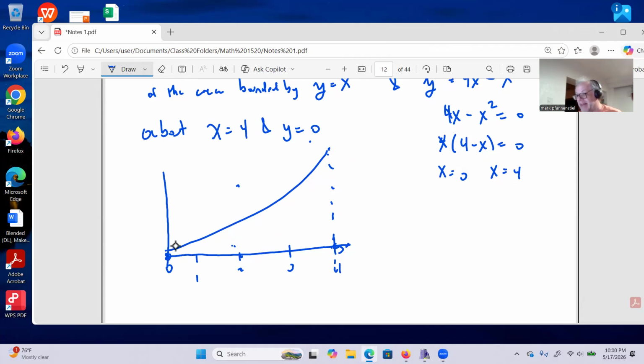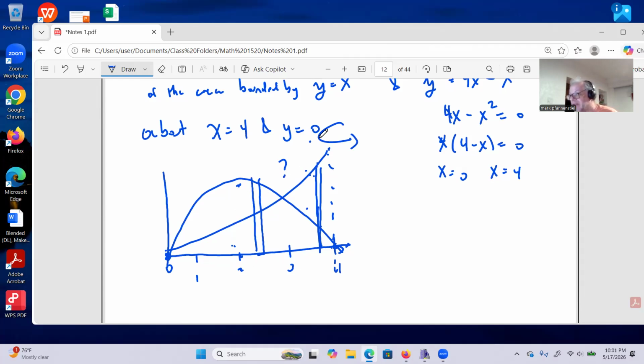It's going to be kind of weird to figure out what happens here. So what I want to know is where they actually intersect, because if I take my little strip and revolve it around x equals 4, I need to know which function is on top and which is on the bottom. My height is going to be x squared minus this piece, and it swaps somewhere in the middle, so we have to know where that middle is.